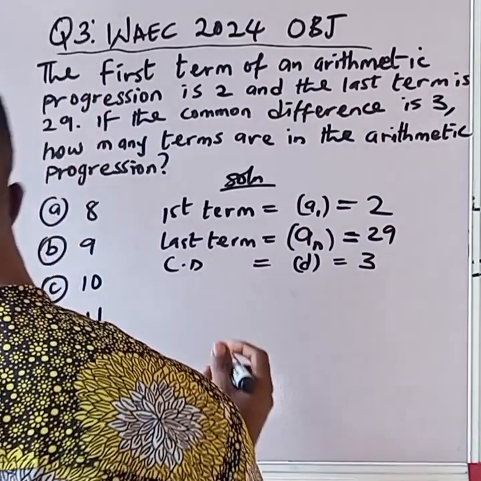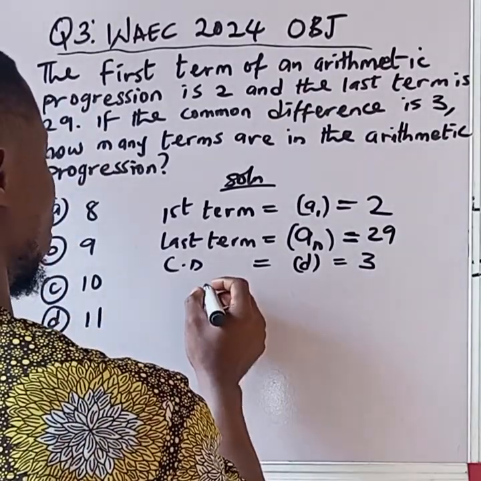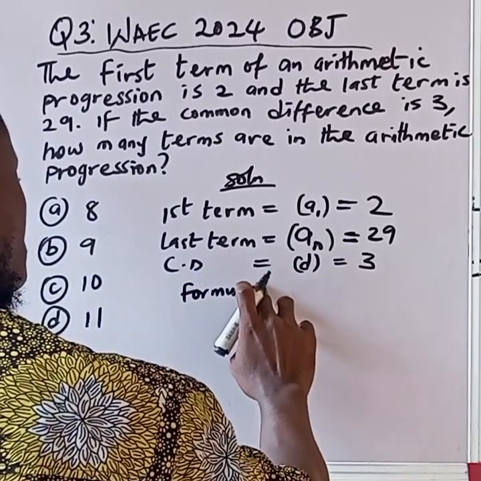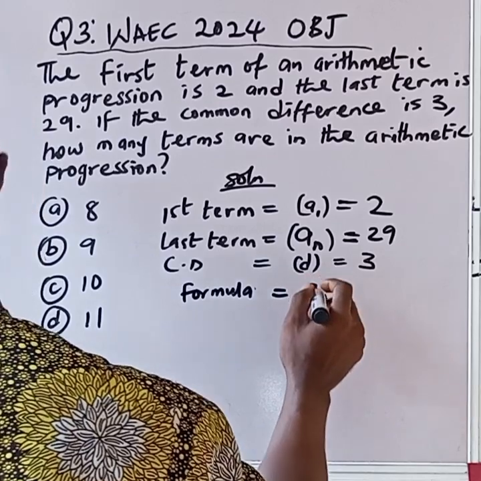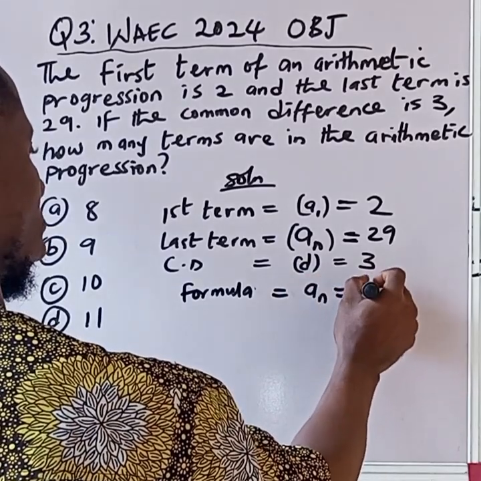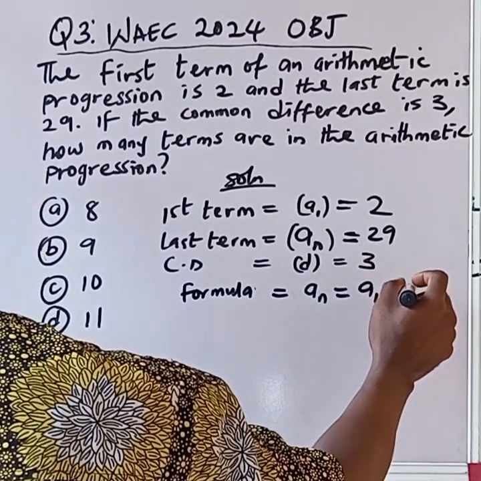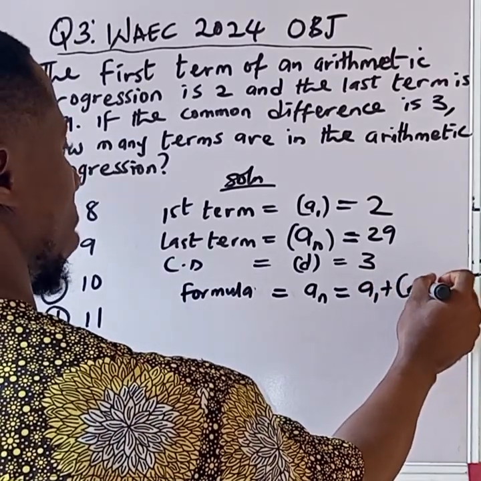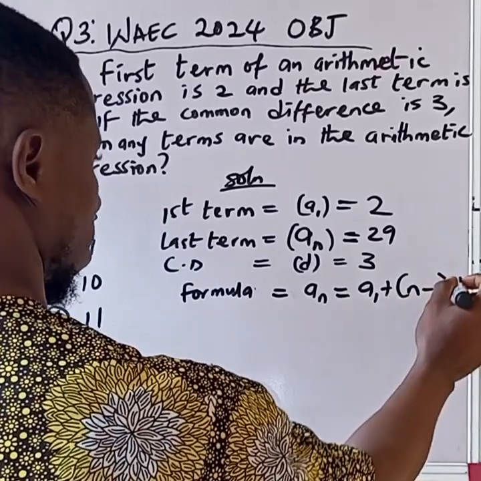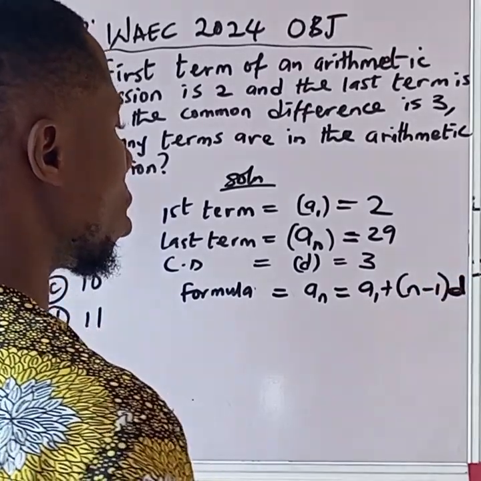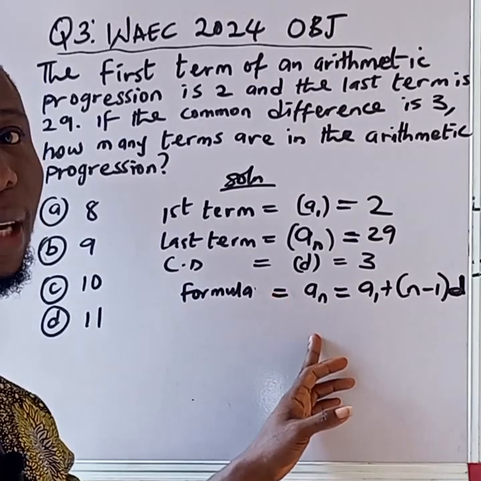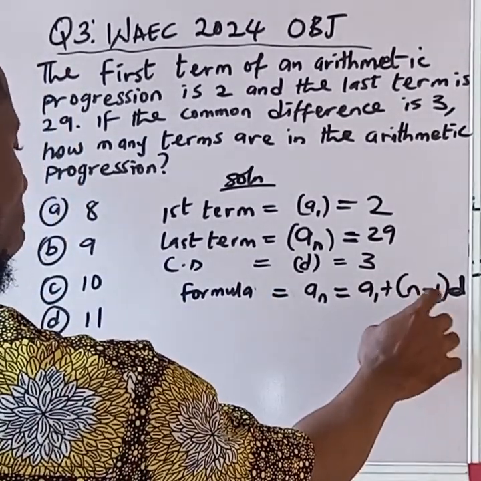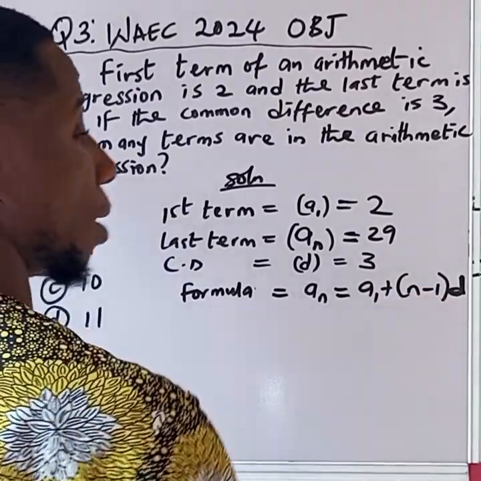The formula is An equals A1 plus (n minus 1) times D. All right, guys, this is the formula for the nth term of an arithmetic progression.